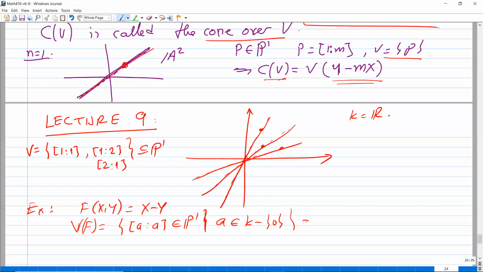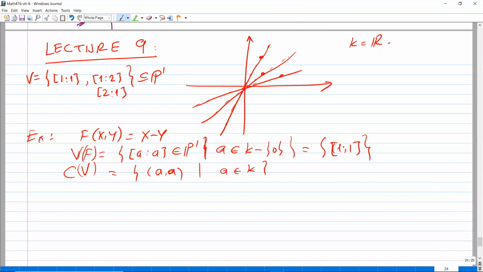This is just the point (1, 1). Oops, (1, 1), (a, a) or (1, 1). They're the same point. And the cone over this V(f) is the set of all (a, a) such that a is in K. Now a might be 0. Okay, there's a second example, and another example.